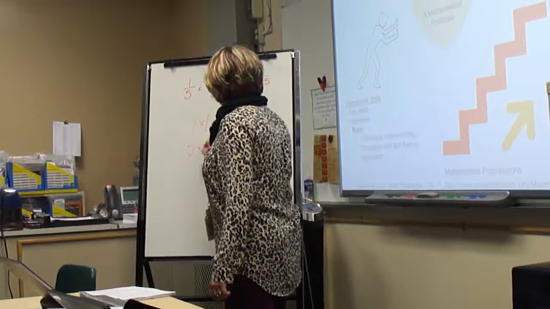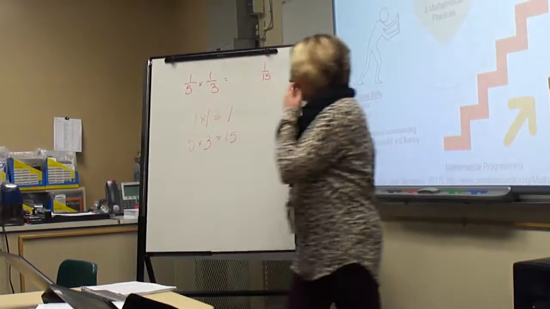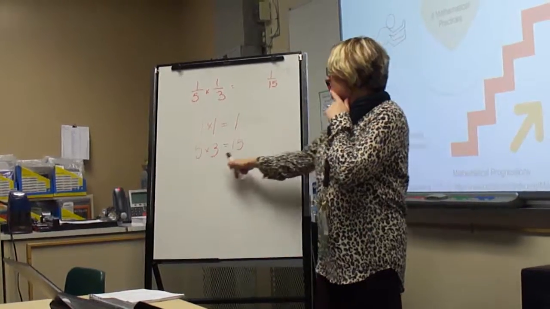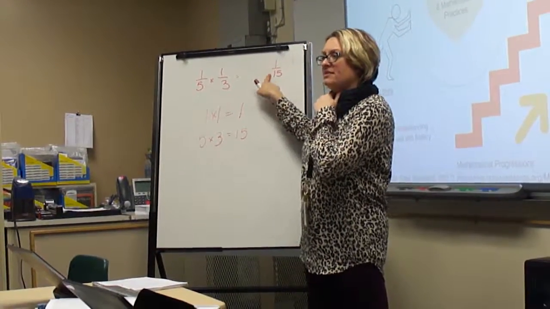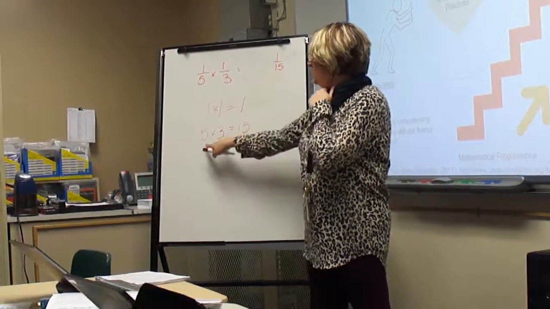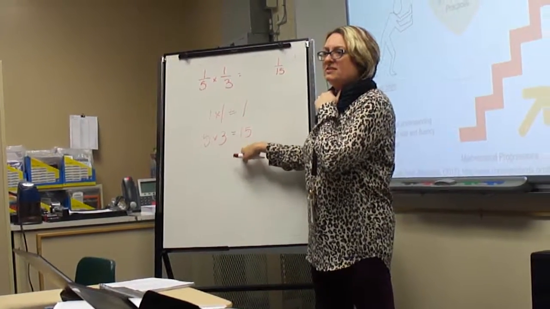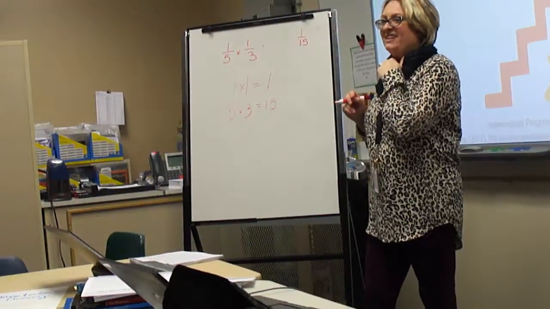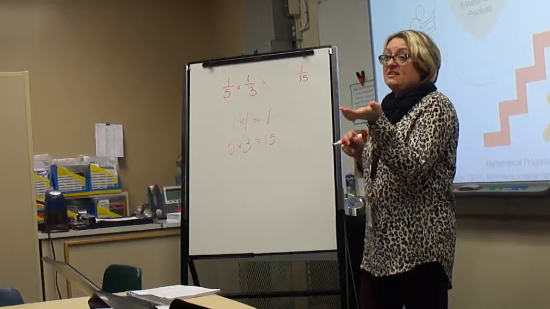Okay? But I'm confused. Because this is this a whole number or less than a whole number? Less. Okay, so, but what you just told me, were those whole numbers or less than a whole number? Whole numbers. Okay. So I was thinking of them as less than. You're thinking of them as less than? Okay.